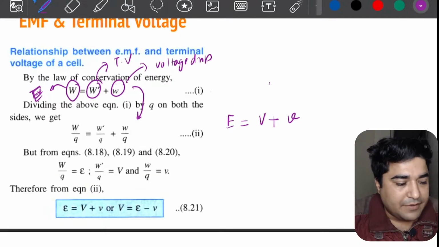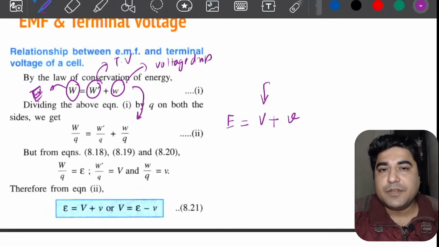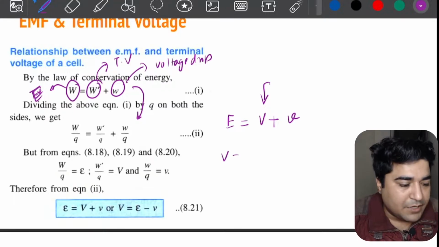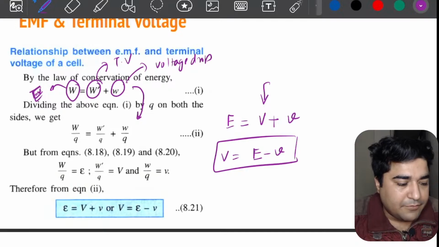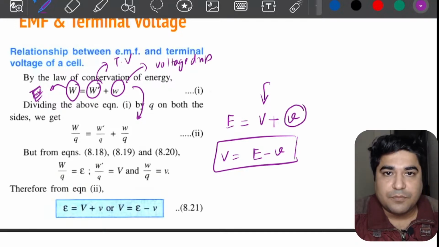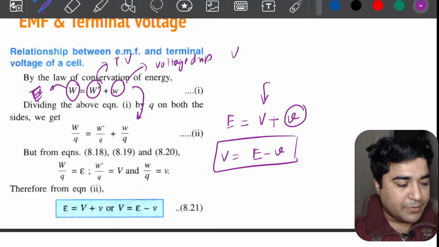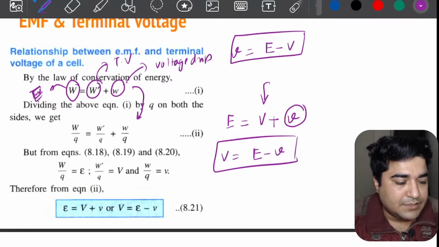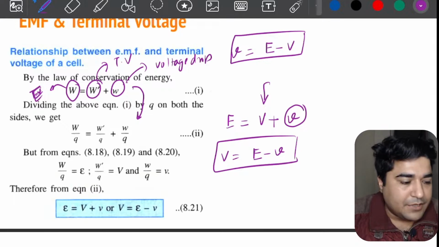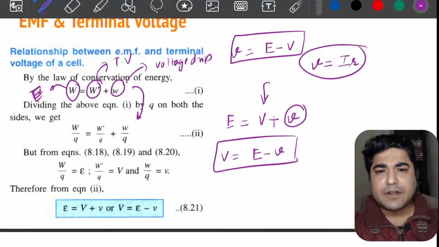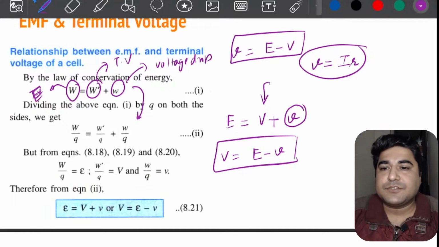For example, if we need to find the terminal voltage, it is very easy: V equals E minus small v. And if we need to calculate the voltage drop, small v is equal to E minus V. By the way, we also know the value of small v, that is I into small r, and we'll cover this in the next few slides.